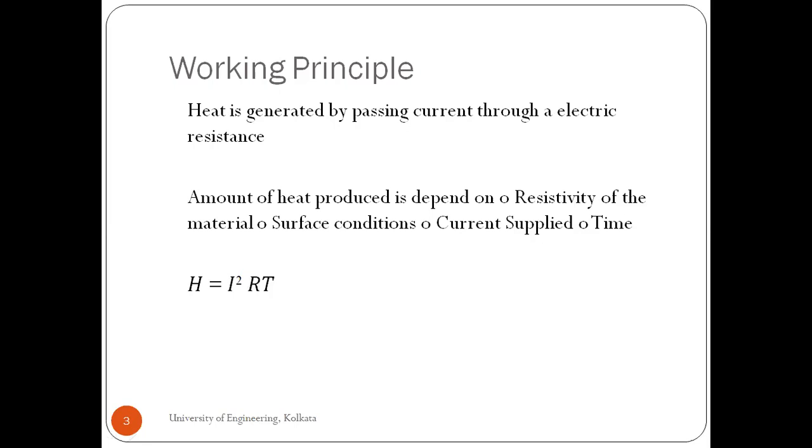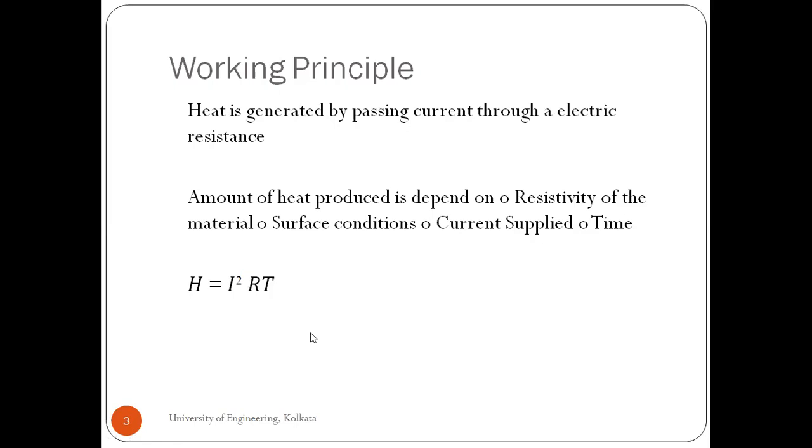The surface condition: if it is not very good, the resistance offered will be much more than for smoother surfaces. Current supplied: definitely if the current supplied is high, the heat is high, and you can see the equation, H equals I square RT.